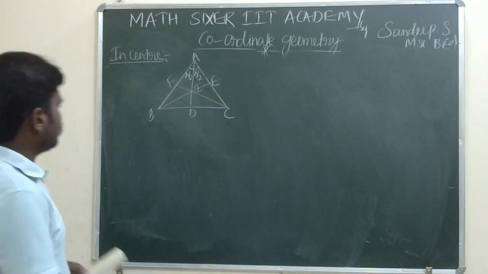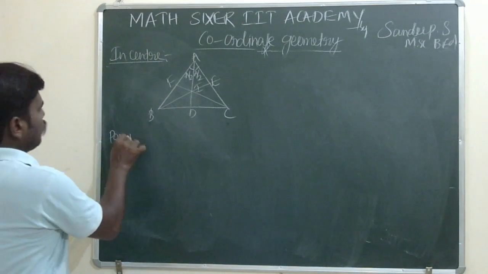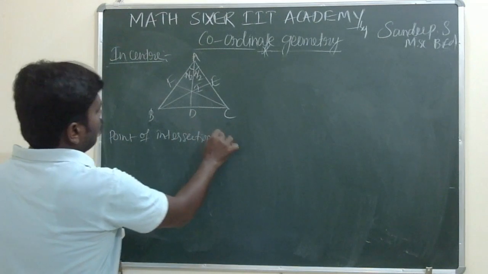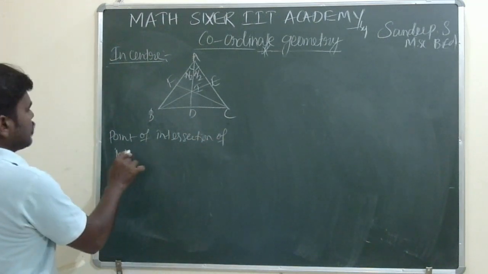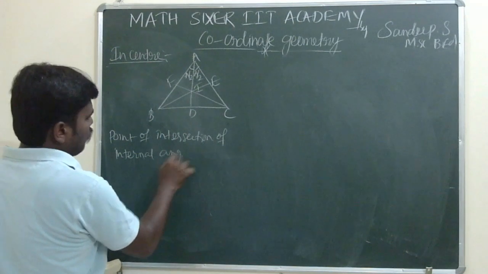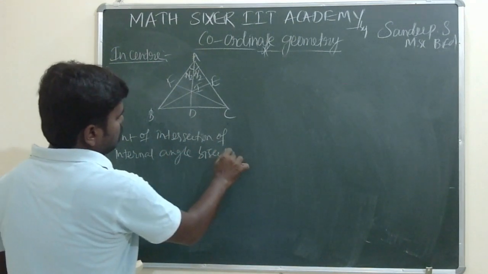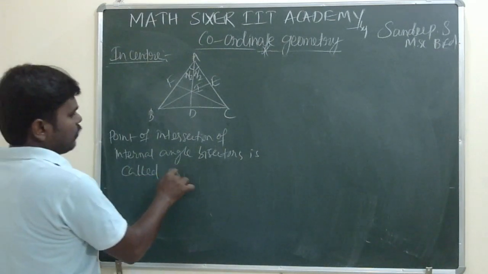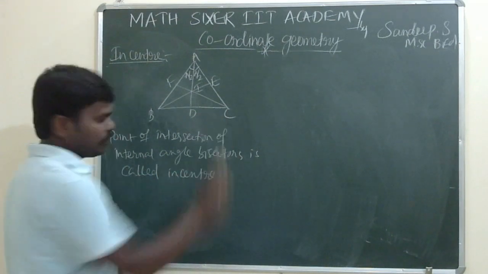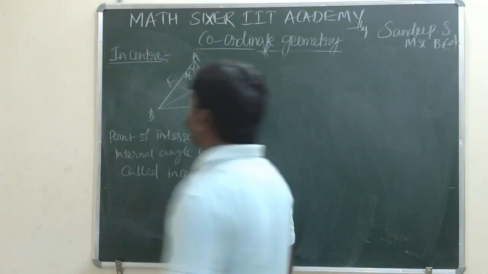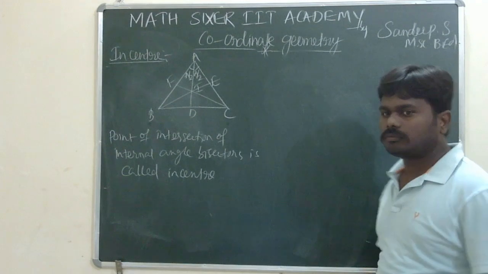So we can say the point of intersection of internal angle bisectors is called the incenter.